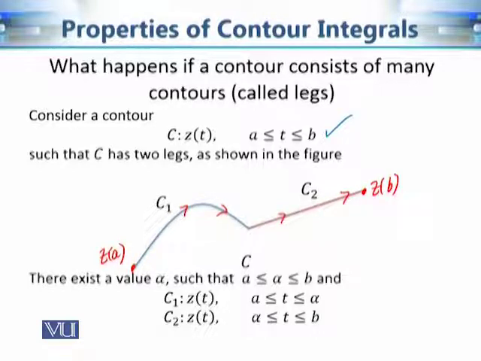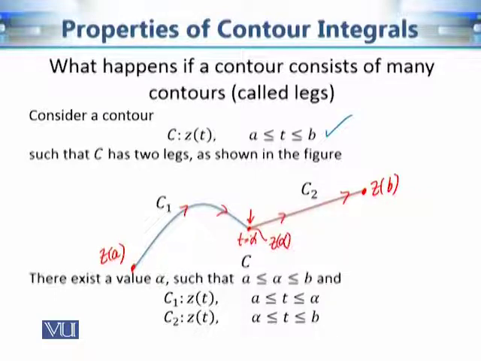Of course you can see that there is a point which divides the contour C into two different parts, C1 and C2. This point corresponds to some parameter value, so let's call that parameter value alpha. When t is equal to alpha, we get this point. So in fact this point is z(alpha).